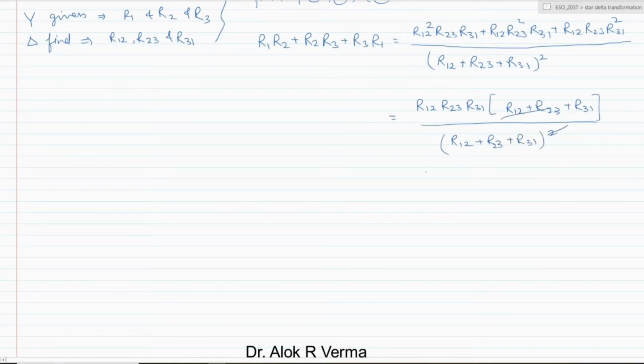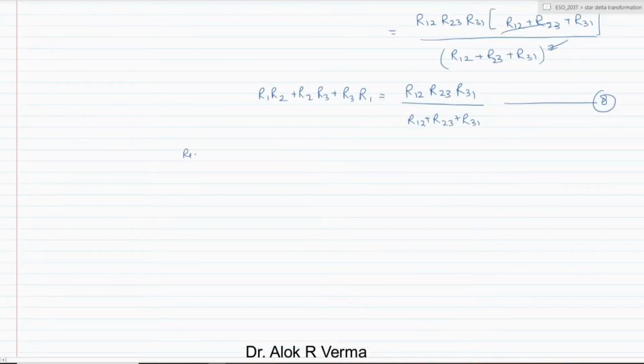This power will get cancelled with this one. So what we'll get? We'll get R1 R2 plus R2 R3 plus R3 R1 is nothing but R12 R23 R31 divided by R12 plus R23 plus R31, which is the sum. Okay, so this equation is number 8.